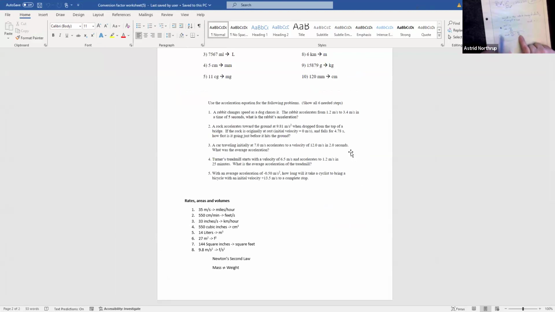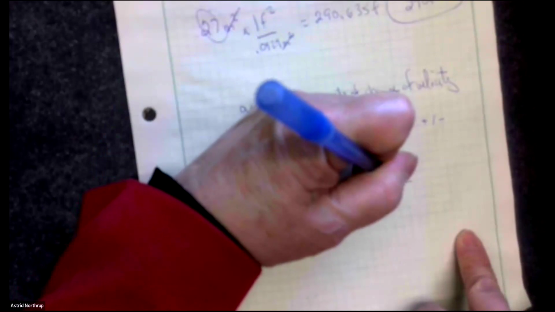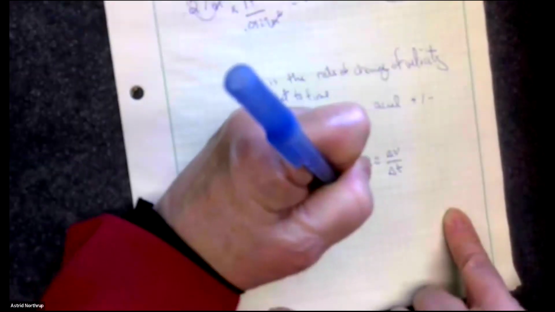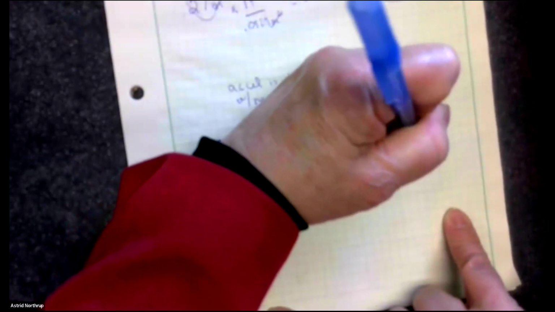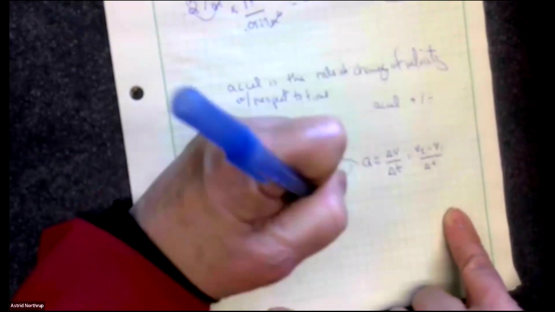Well, if we look at the equation here, we can say if acceleration is equal to dv/dt, that it's approximately going to be equal to delta v over delta t. Okay. And here, this would be v2 minus v1 over delta t.